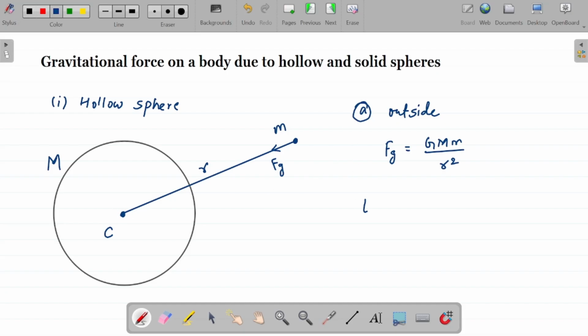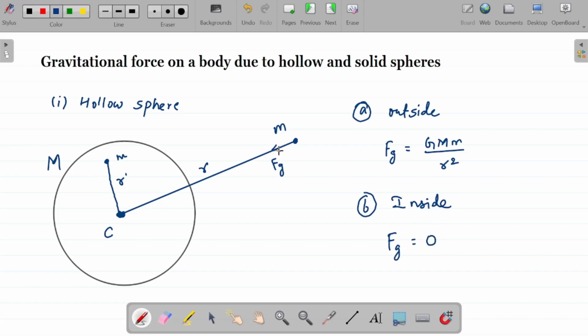Now, what about a body which is placed inside? Let's say here we have a body placed at distance d. At this situation, when this body is inside the sphere, the net gravitational force will be 0.